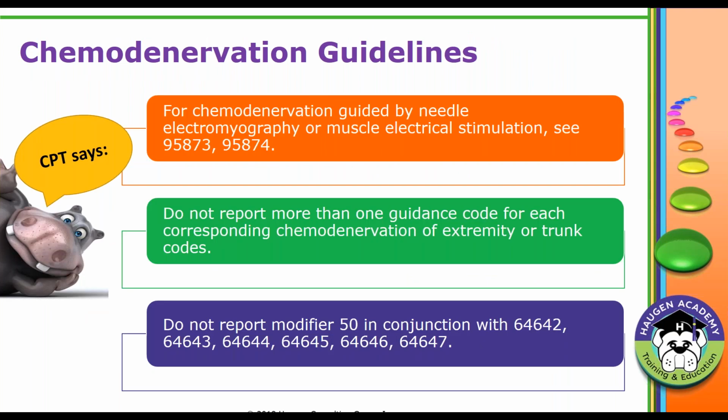For the chemodenervation guidelines, CPT does give us a few rules to follow. If it's chemodenervation guided by needle EMG or muscle electrical stimulation, there are some add-on codes for that. So 95873, 95874. Do not report more than 1 guidance code for each corresponding chemodenervation of extremity or trunk code, and do not report modifier 50 with these codes as well.